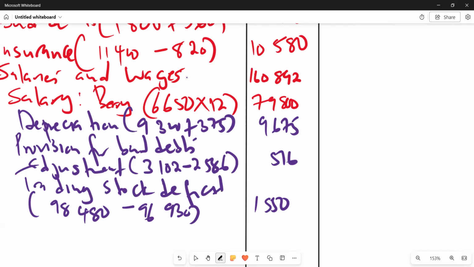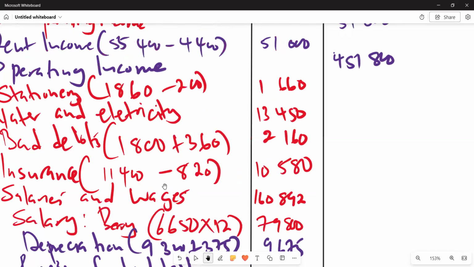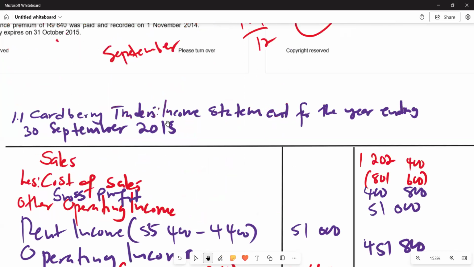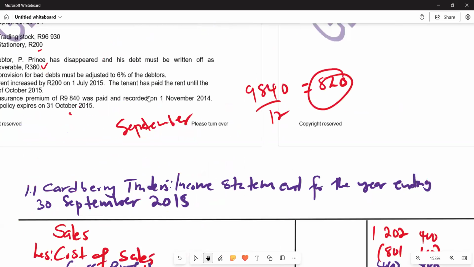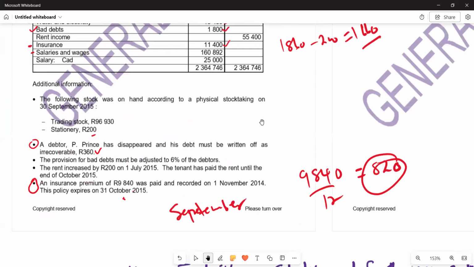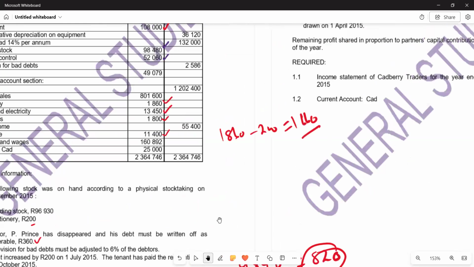So we can try to find out if we've got any other expense that we are supposed to include there. We can always go to the additional information and try to find out if we have got any other expense that we need to include.